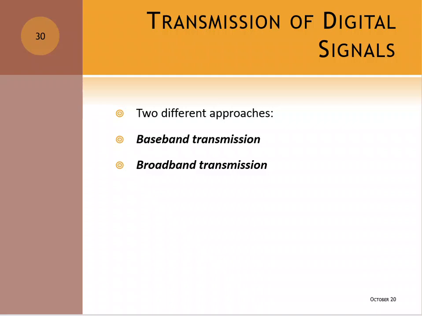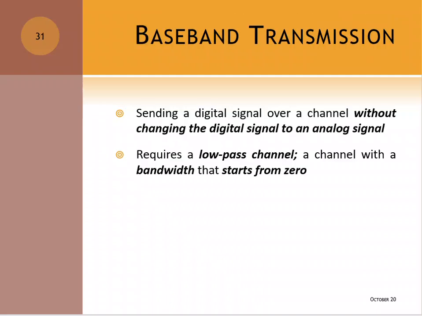Okay, next we move to transmission of digital signals. We have two different approaches for the transmission of digital signals: baseband transmission and broadband transmission. So what is baseband transmission? Baseband transmission means sending a digital signal over a channel without changing digital signal to an analog signal.